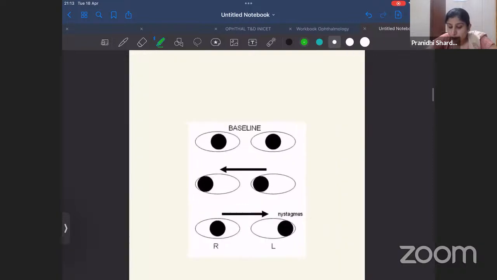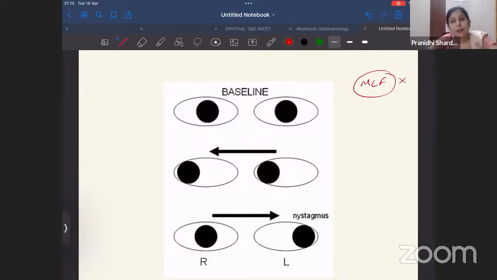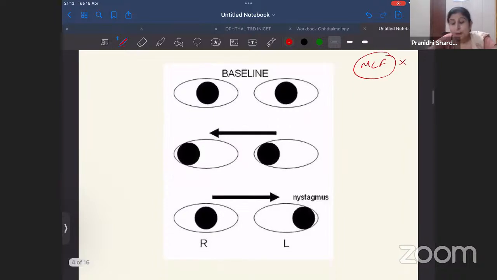So, what is happening in INO? Internal nuclear ophthalmoplegia: there is some problem in the MLF. So the third nerve and sixth nerve are not going to have a conjugate eye movement. In baseline, the eyes are normal. When we move to one side, both eyes are abducting and adducting normally. But when moved to the opposite side, one eye is not able to adduct.